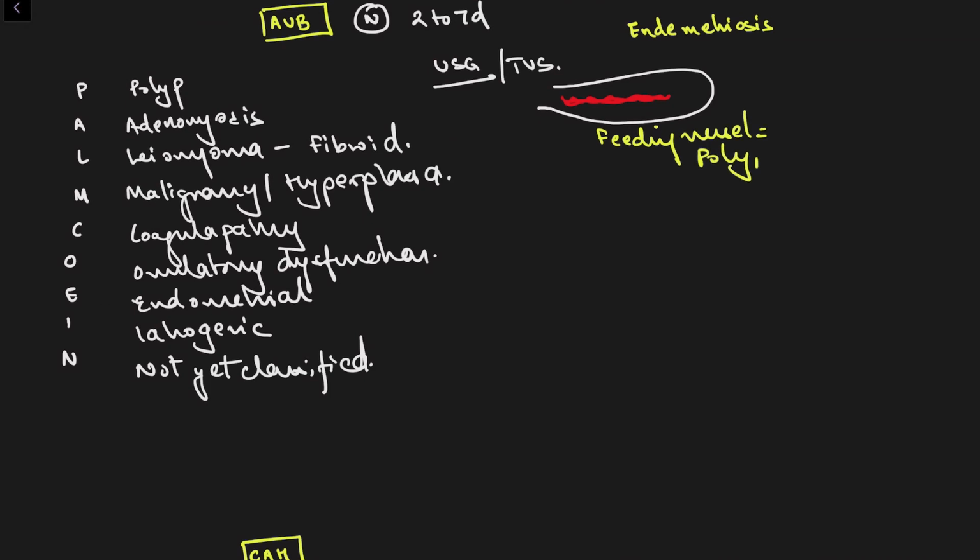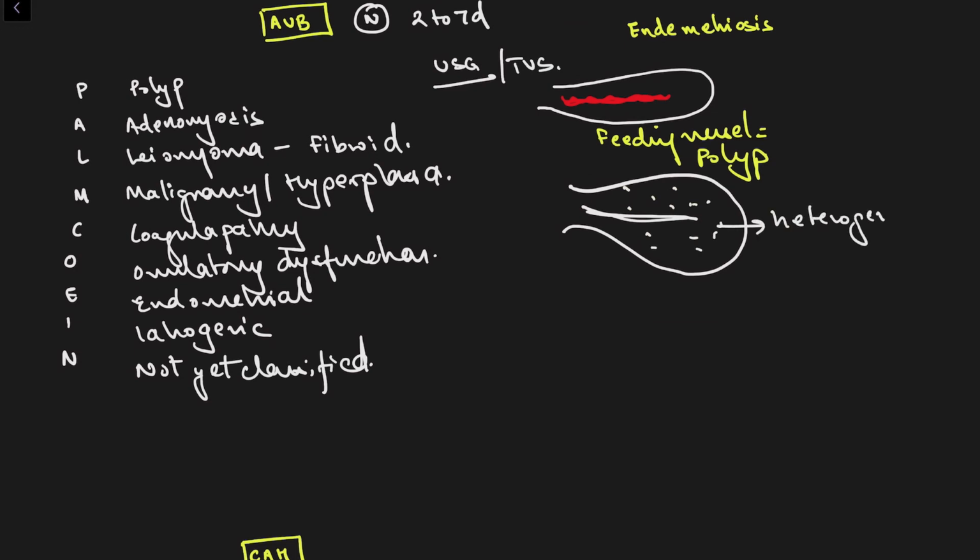If the uterus appears to be enlarged and we see heterogeneous myometrium, we also call it salt and pepper myometrium, and this is adenomyosis.